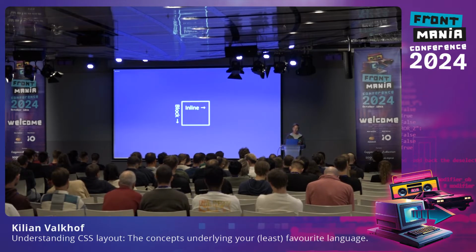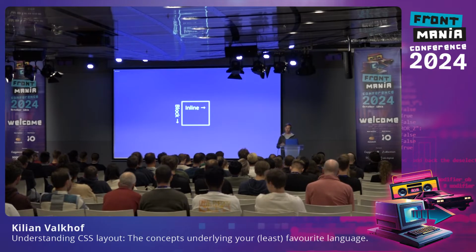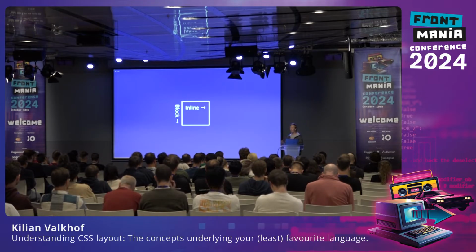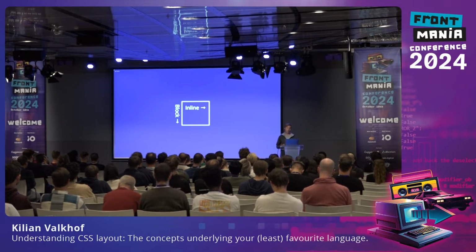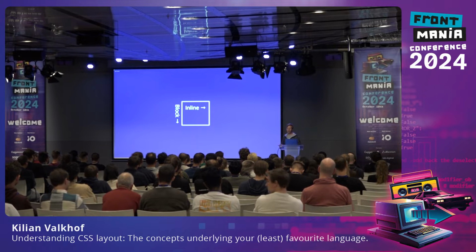So that's the inline direction. Whereas if you look at paragraphs and headers, they are block because they sit on top of each other. Now, browsers ship with a default CSS style sheet that dictates which elements are block by default and which elements are inline by default. P for paragraph is block and EM for emphasis is inline.